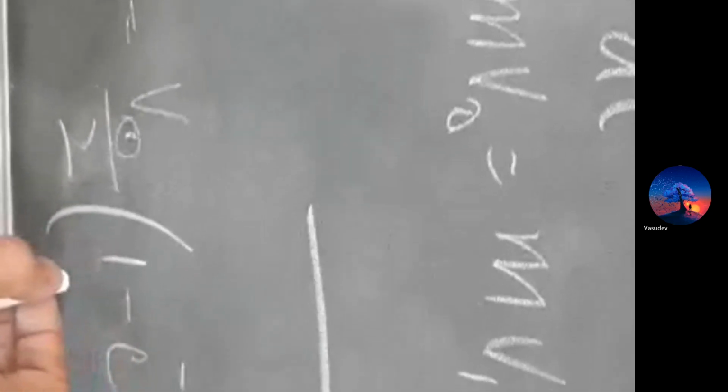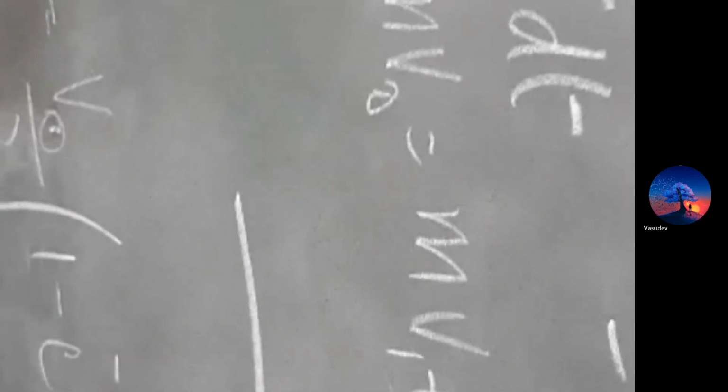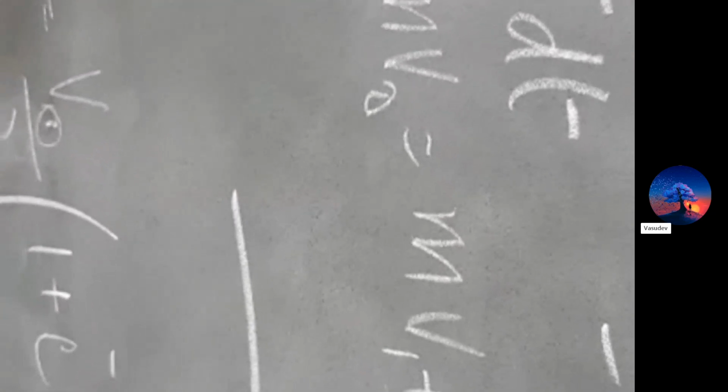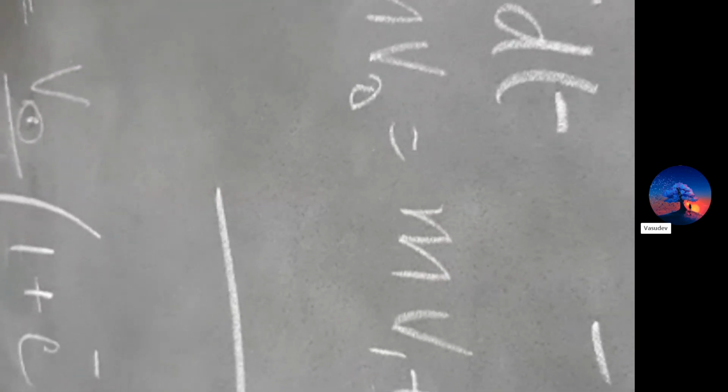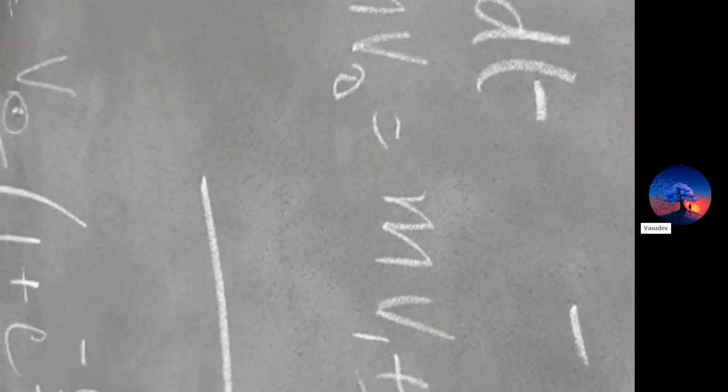Okay. Yes. Is it plus in this case? Because this is V1. V1 must be initially 0. No, V1 was initially V0, right? Should be plus. Check once. L squared B squared by 2.